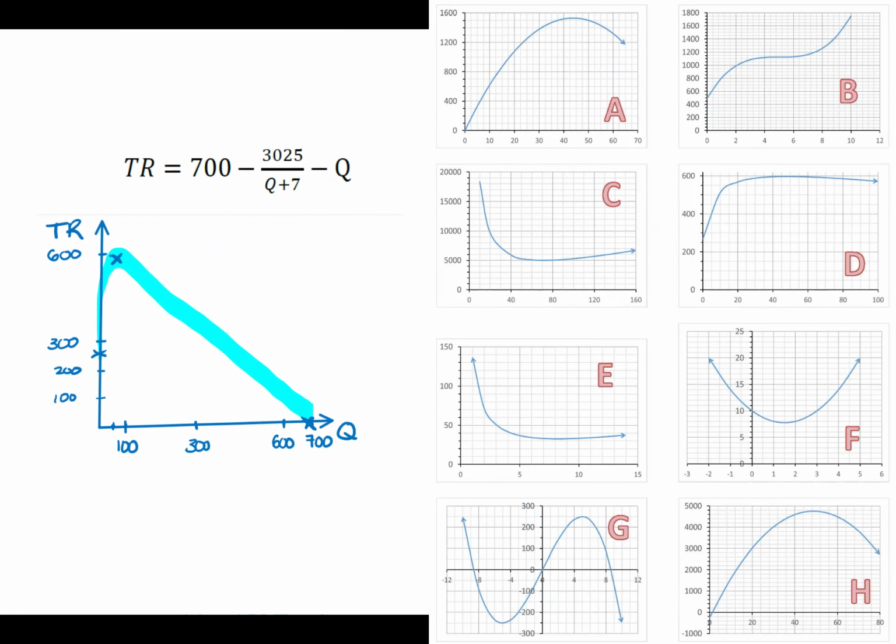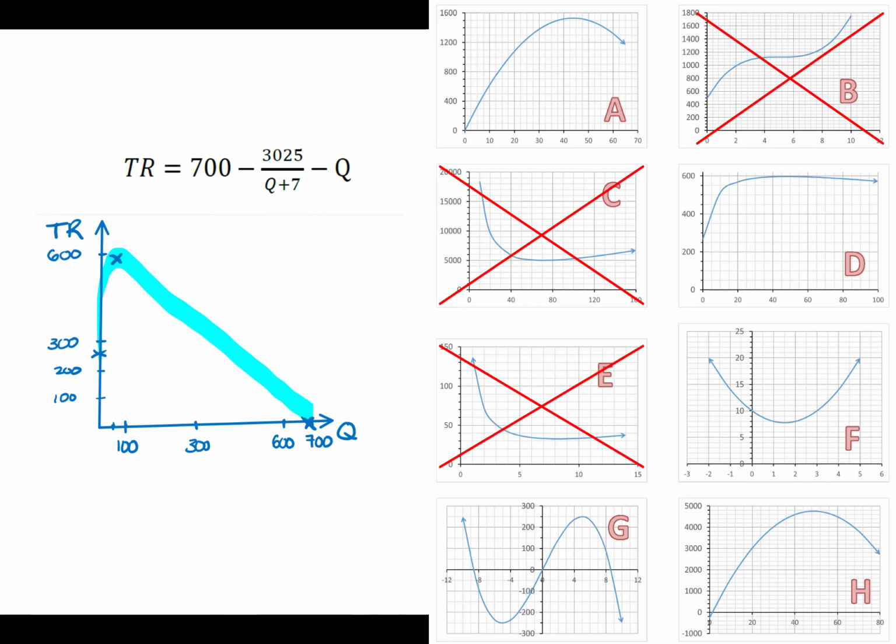So let's compare this to the graphs we were given in the handout. Looking at these graphs, I need one that is concave down everywhere. So that rules out graphs B, C, E, F, and G. So we're left selecting between A, D, and H. Now when I look at A and H, they've got a smooth dome type shape to them, versus D, which has a really sharp sudden increase, and then it kind of tapers down.